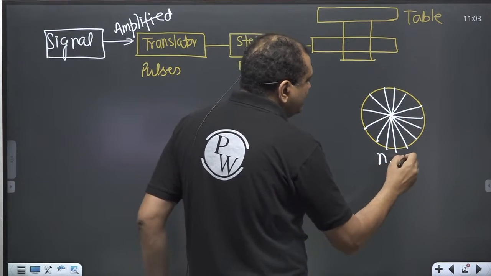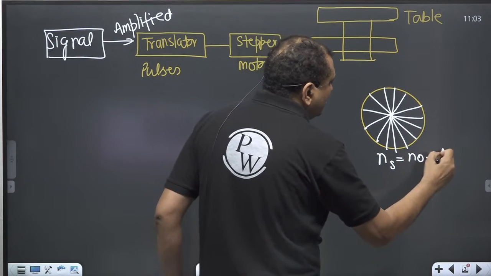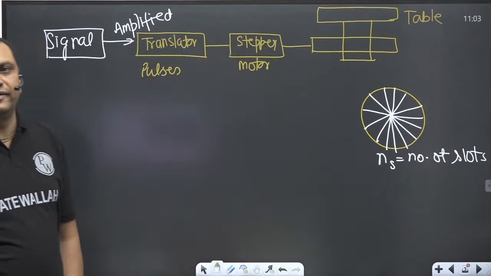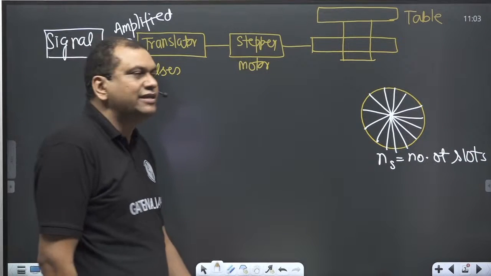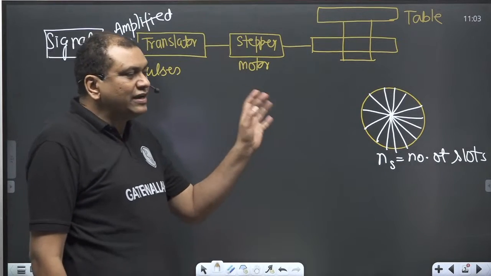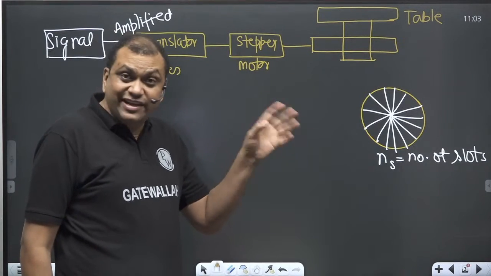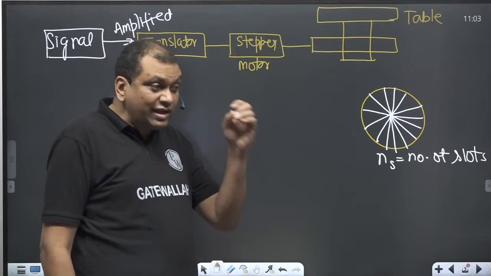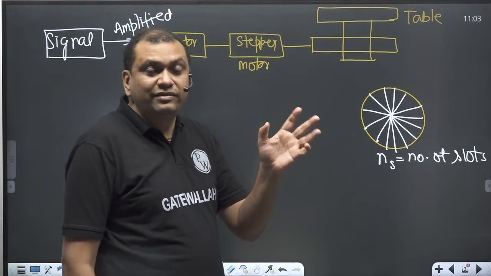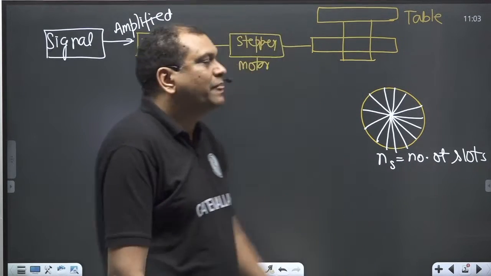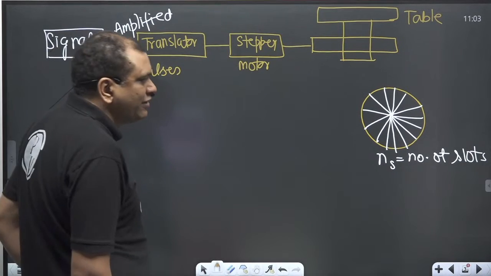Let us say NS is the number of slots in the stepper motor. Why am I briefing again? Because in GATE it is very, very important. There is a very high probability that every year a question may come from stepper motor. That is the reason I am revising for 5 minutes.